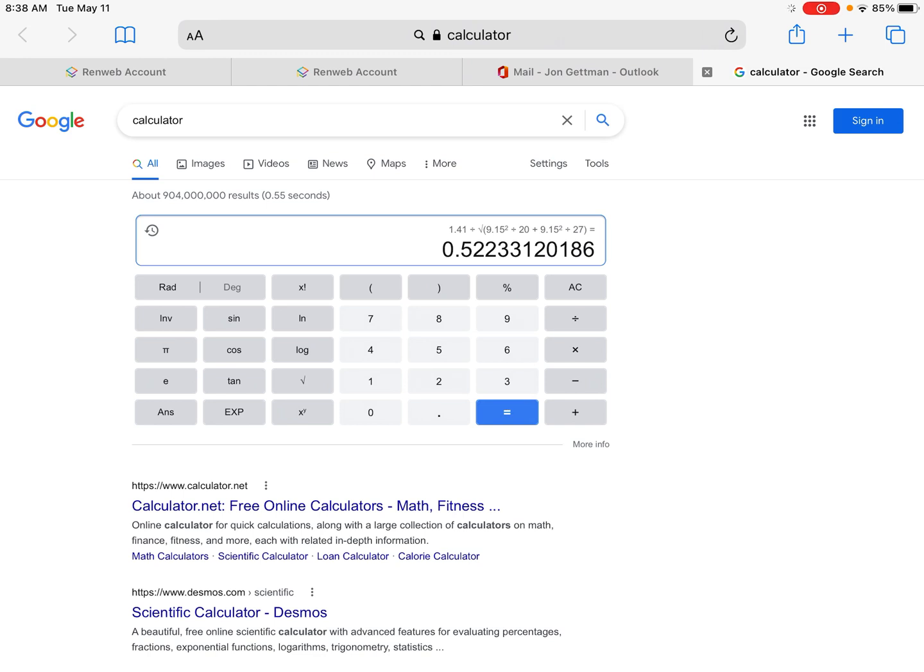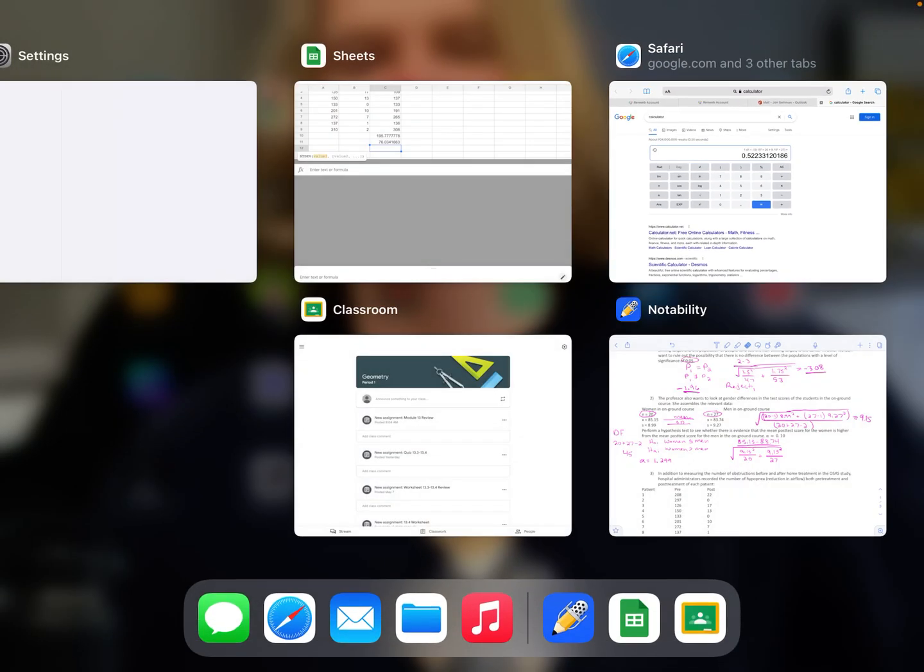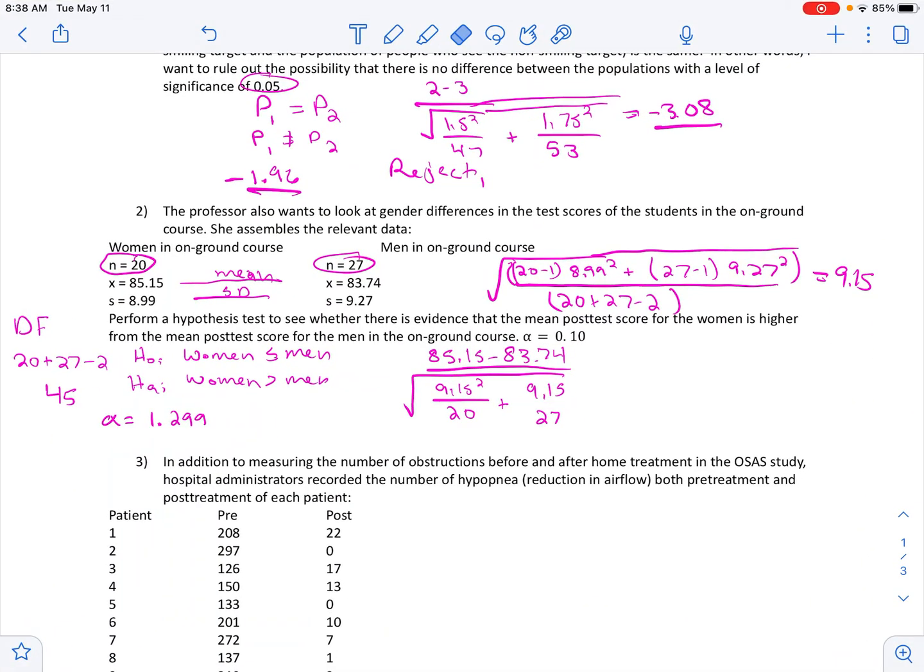And that all equals 0.52. So we do not reject.